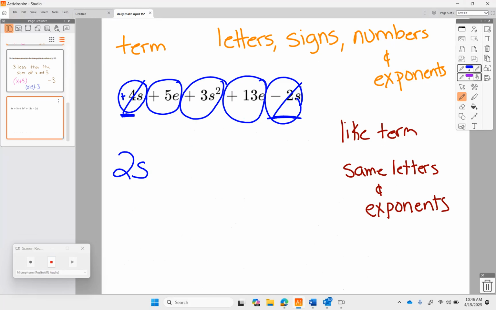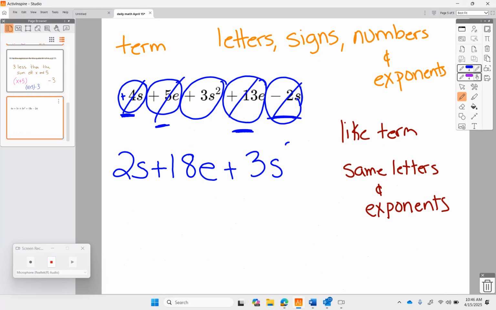Next, I'm going to talk about E's. If I have 5 E's and there's 13 E's, I add those together and I get 18 E's. And then my last one was this S squared, and I have 3 of them.